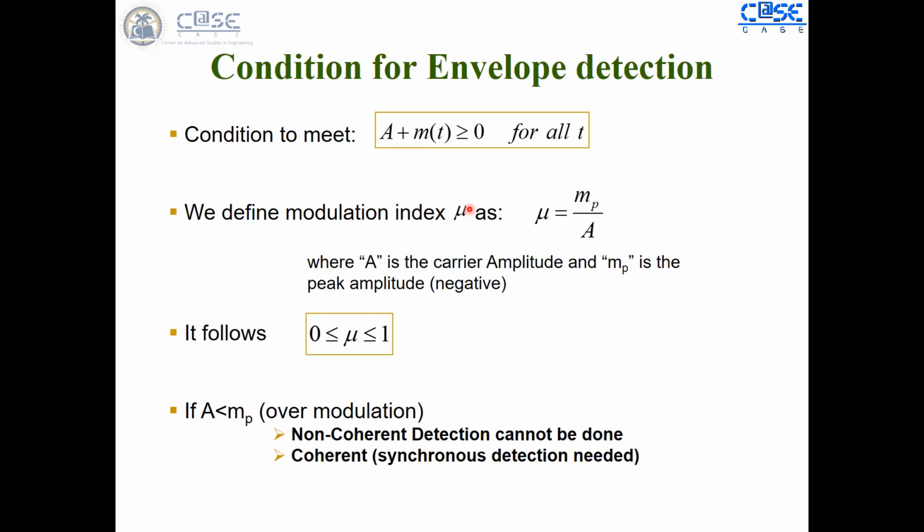Next we define the modulation index mu, which determines how much of a DC shift you have given to the message signal before you modulate it. The modulation index mu is the ratio between the peak negative value of the message signal and the amplitude A, the DC shift that you are giving it.